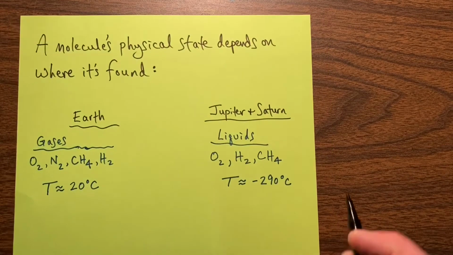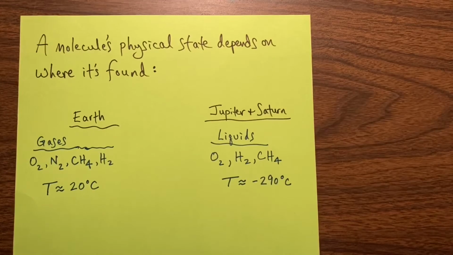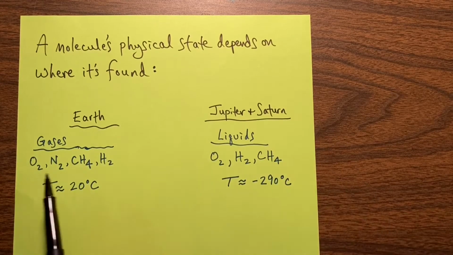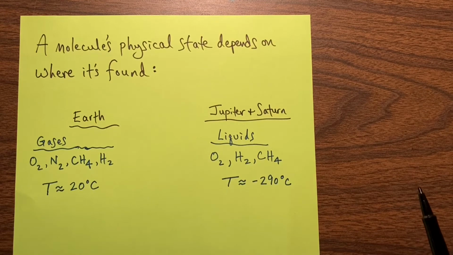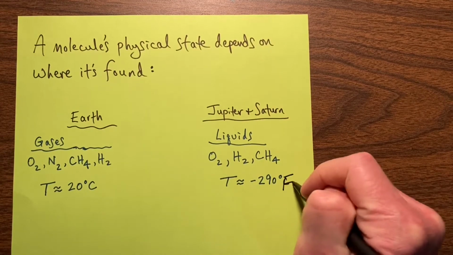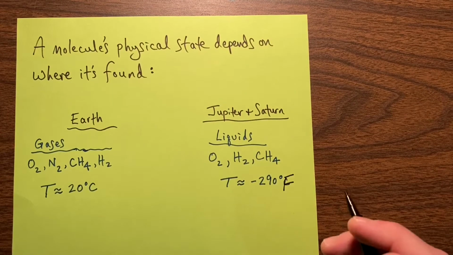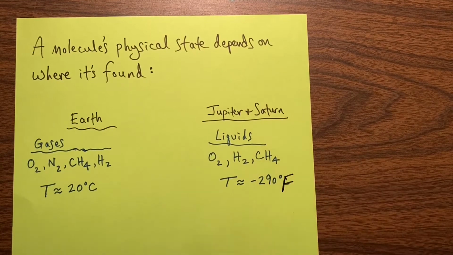But if you went to a planet like Jupiter or Saturn, which someday we may be able to travel to, you'd find these gases existing as liquids, and sometimes even as a solid if it really gets cold. The temperature on the surface of some of these planets is negative 290 degrees Fahrenheit.